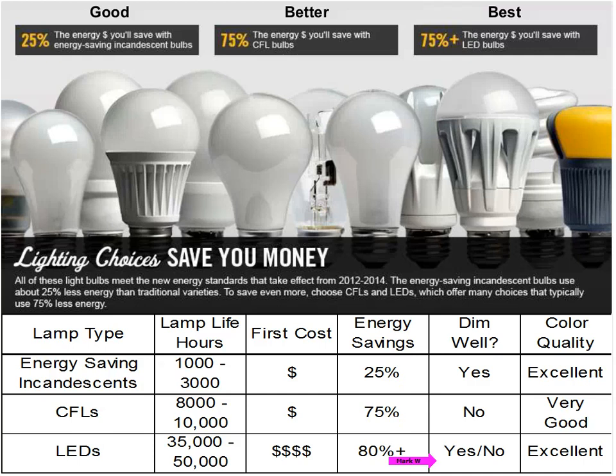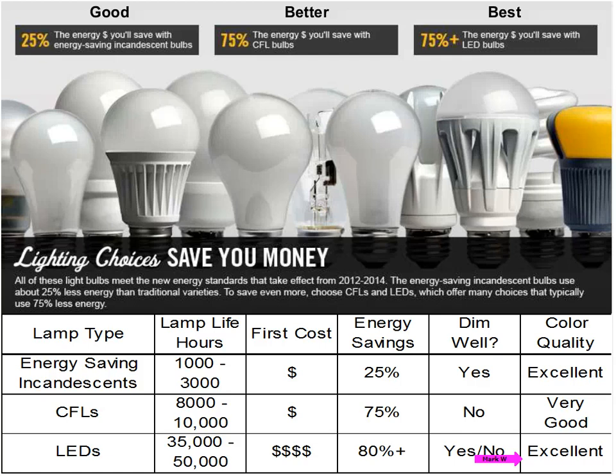Color quality is going to make a difference for a lot of applications. And you'll see that LEDs, the good ones, can have excellent color quality, but not all of them. So you need to do your homework. So make a choice based on your application, especially hours of operation and what features are important to you.